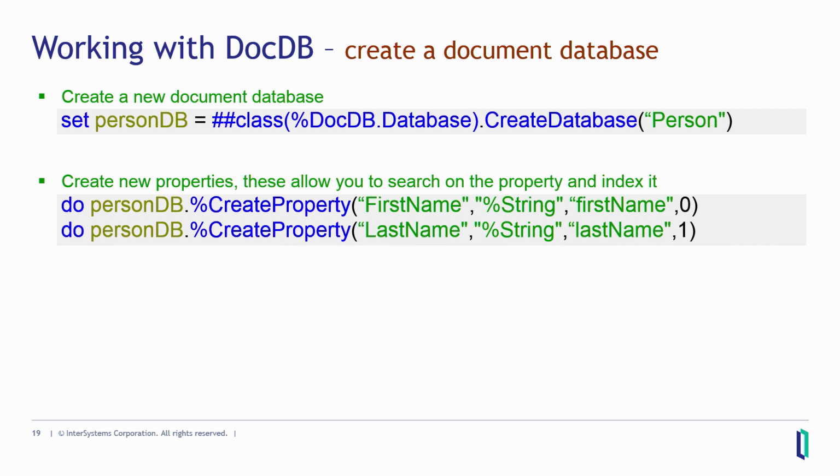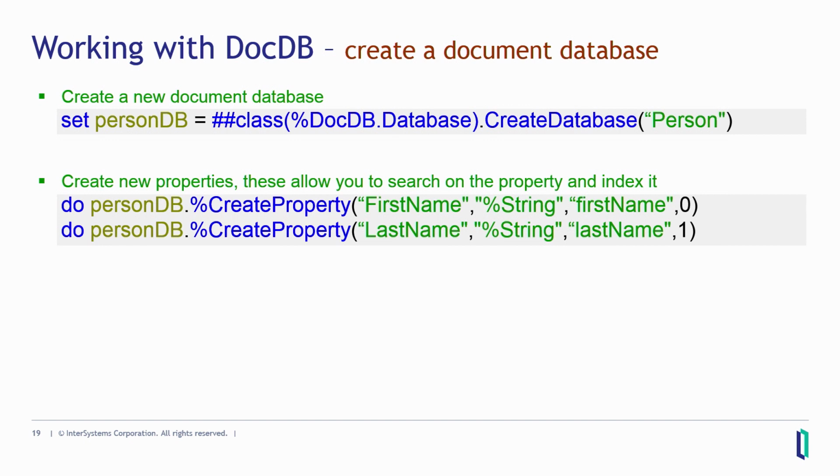The next thing here is properties. These are used to index the information in the document. When you're making a document database, you're using that store to collect some interesting information. Then there are going to be interesting bits of information that people want to search on. What are the truly important things you want to find in that document? In here, this is where you would create the property.